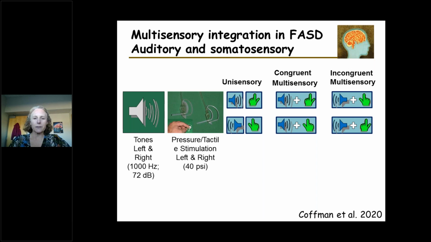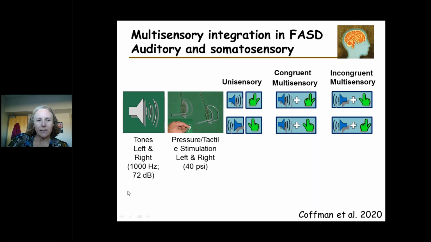There's quite a literature indicating that they do have connectivity problems, which is a common problem across different disorders, but is also present in kids with FASD. So our general hypothesis was that because of these connectivity deficits in kids with FASD, multisensory integration would be impacted in a negative sense, making it more difficult for individuals to integrate information across the sensory modalities.